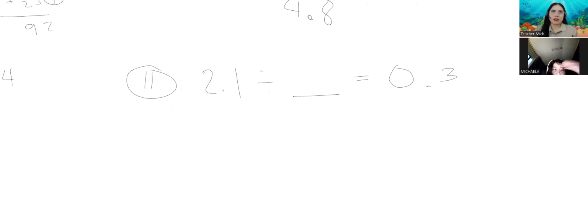Is it the dividend, the divisor, or the quotient? Divisor. Okay, very good. And if the divisor is missing, we need to divide. Okay, very good. Divide the quotient and the dividend. Can you please do that using long division again?